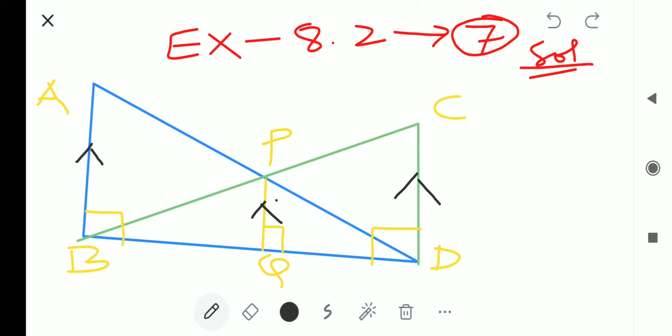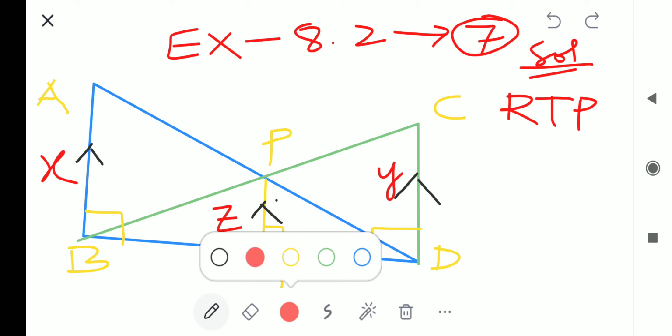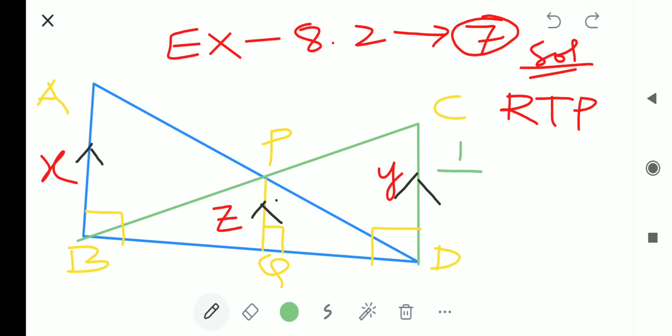The value of AB is X, the value of CD is Y, the value of PQ is Z, and next I'm writing the result RTP. What I should prove here is 1 by X plus 1 by Y is equal to 1 by Z. This is the result we are asked to prove from the problem.